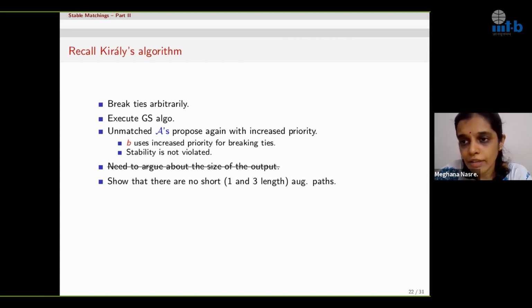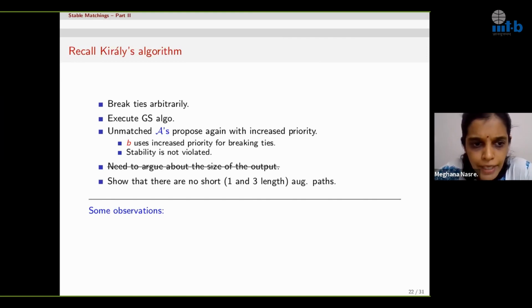The only hard work is to show there are no 3 length augmenting paths with respect to the symmetric difference of our output and the largest size stable matching in the instance. That's all we want to show. Then it will be a good approximation to the maximum size stable matching. So this is our plan: we will show that there is no 3 length augmenting path with respect to the matching that we have produced. Any doubt?